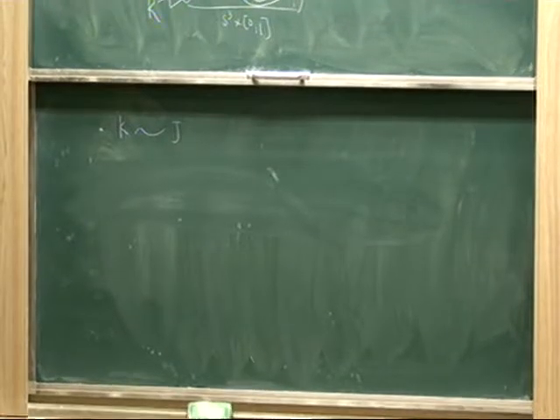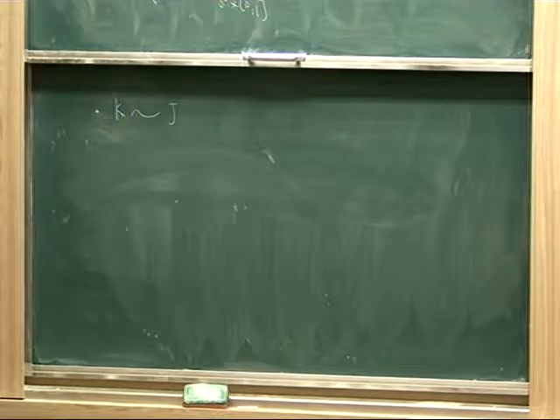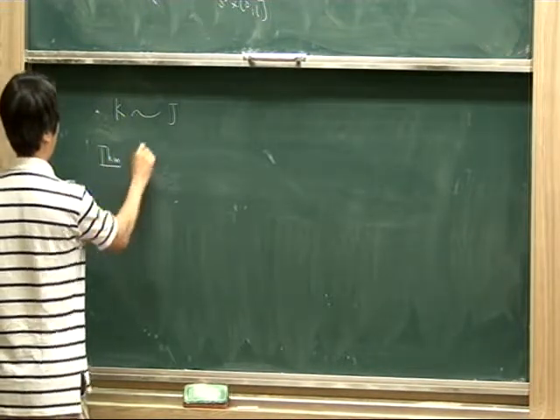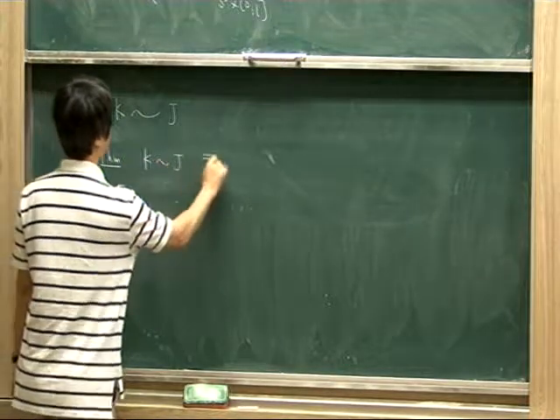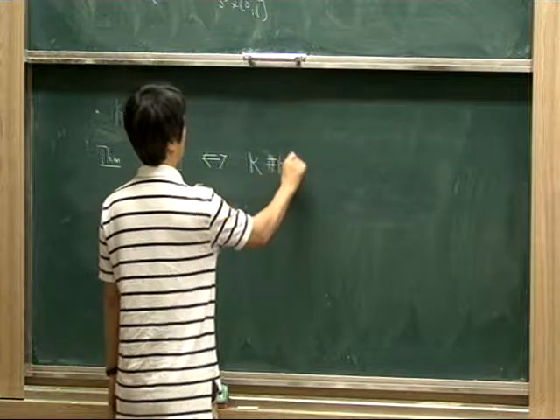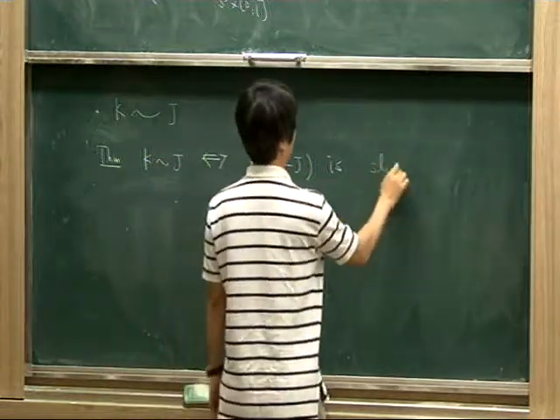And there is another equivalent condition for being concordant. So the theorem is that K is concordant to J if and only if the connected sum of K and minus J is slice.